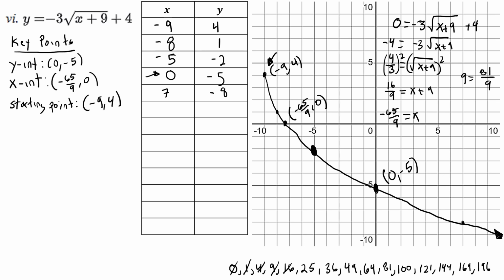It can actually come from the left-hand side and seem to end. So we call that a starting or ending point depending on the orientation of these graphs. Another key point is where graphs seem to turn, where they have a high or a low point. Now, 4 would be a high point because that's the greatest y value on the graph. However, it doesn't turn there, so there's no other key points here we would talk about.